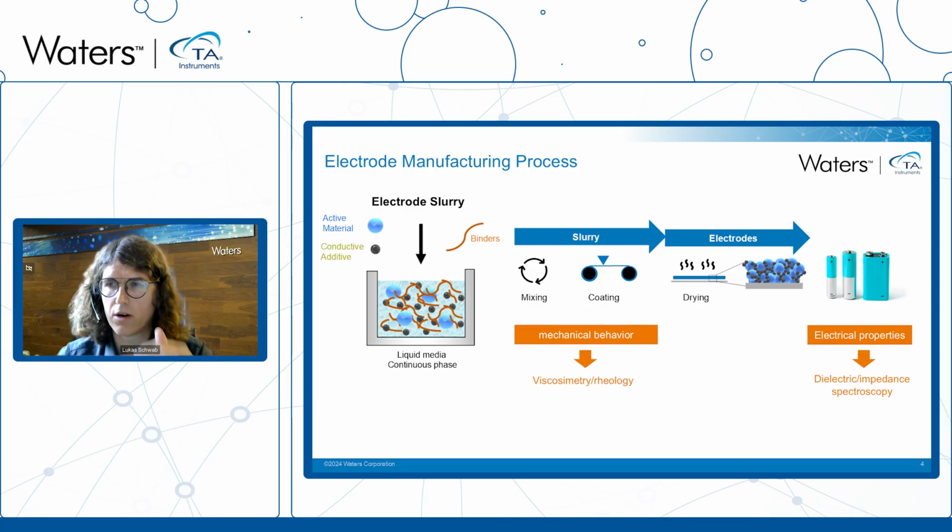This is the whole intent of this new setup, this combination of rheology and impedance spectroscopy: to get information about the electrical properties as soon as possible in the production process to improve the performance of the final battery without always going through all the steps to produce a complete battery.